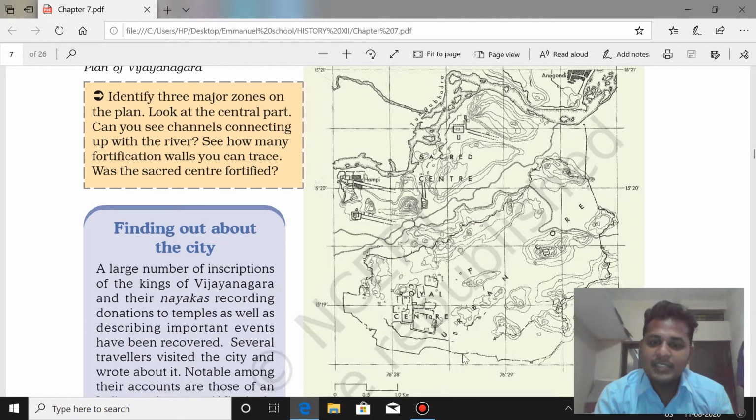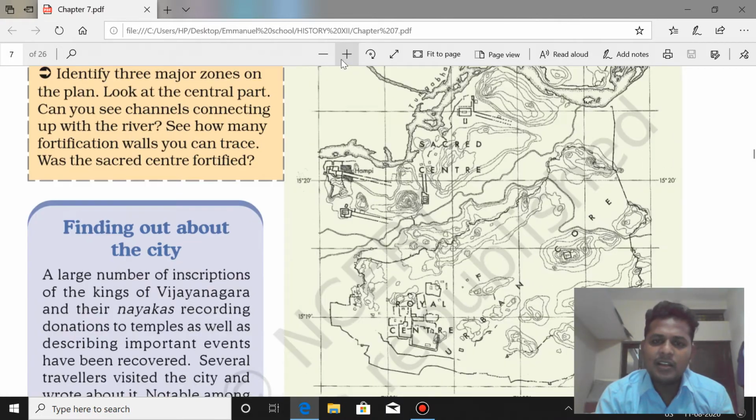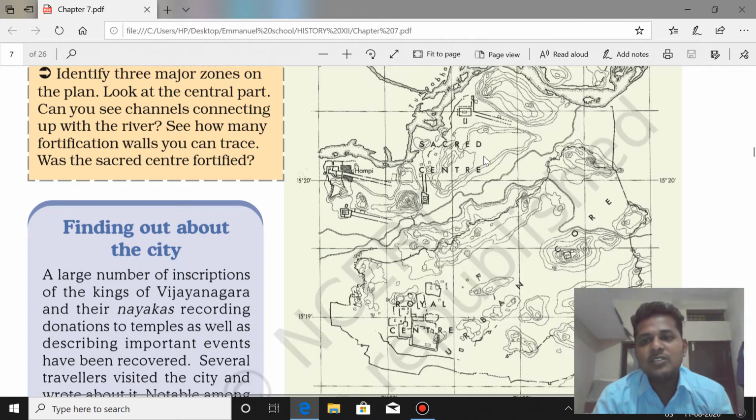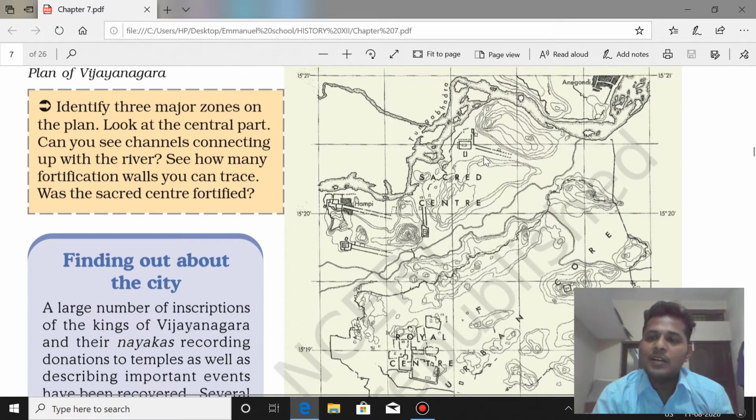This royal center is the place where the kings and its people live, and the urban core is the place where all the civilians live, and the sacred center is the place where religious monuments and temples are present.